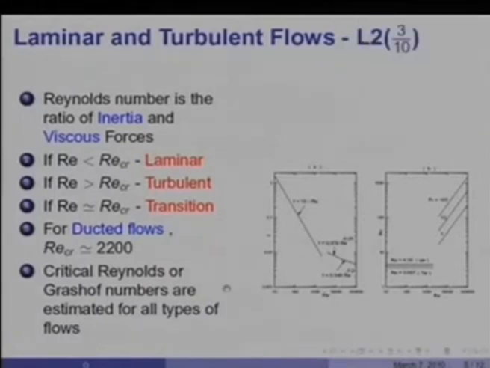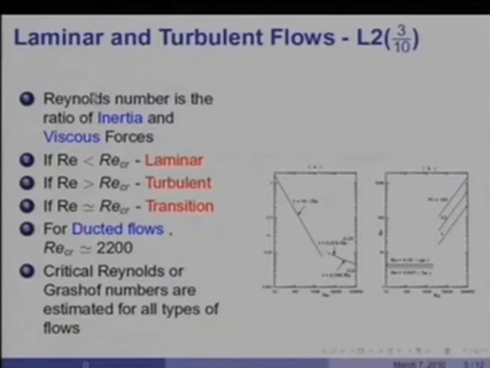Like critical Reynolds number, there is also a critical Grashof number in natural convection. So, in all kinds of situations that we will be studying, critical Reynolds and Grashof numbers have been experimentally studied. Theories exist to estimate them, but usually the theories fall far short of what is expected from experimental results. It is extremely difficult to identify all causes of transition to turbulence, and theories can only capture some of the causes of transition to turbulence.